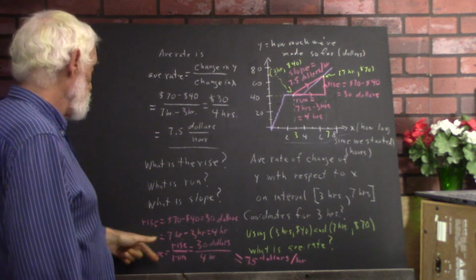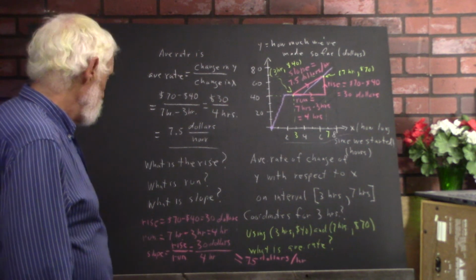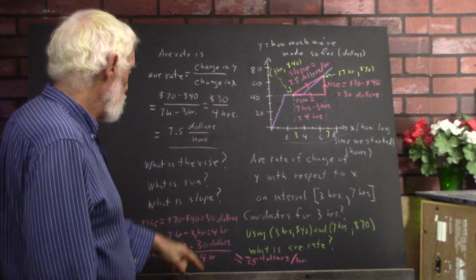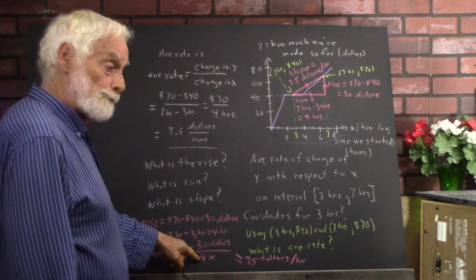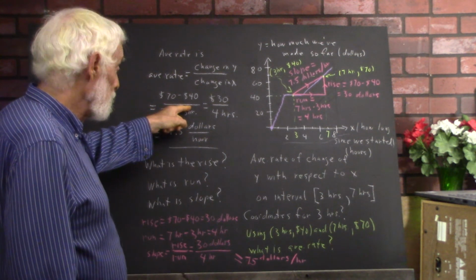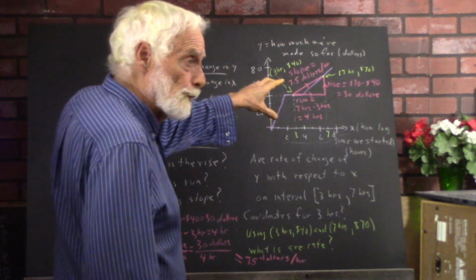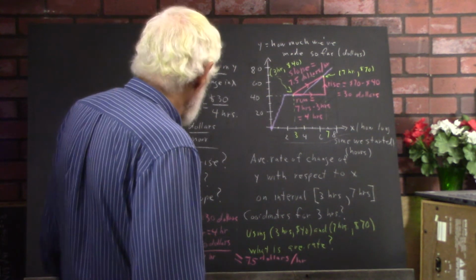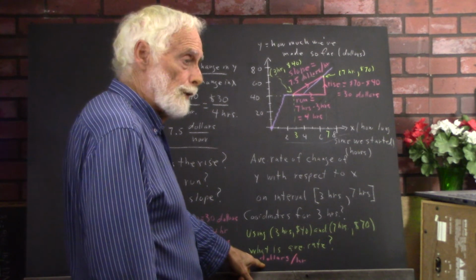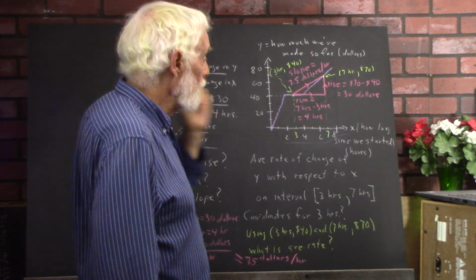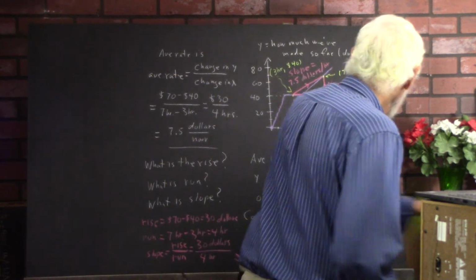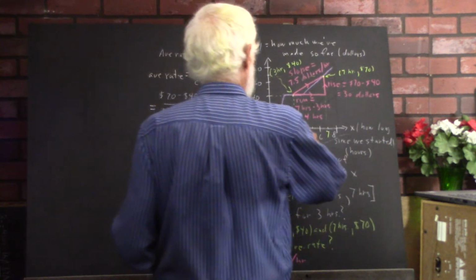And appropriately, since slope is rise over run, the result here, $30 over 4 hours, is the same as it was up here. So we see that the graph and the fundamental triangle in that graph totally represents the average rate of change of y with respect to x on the interval from 3 hours to 7 hours.